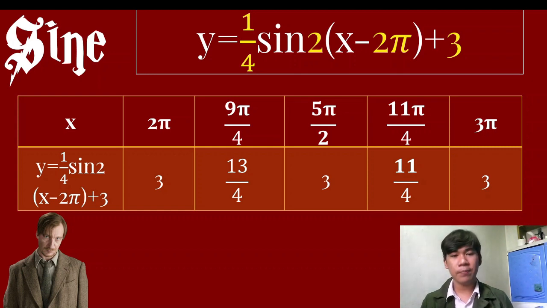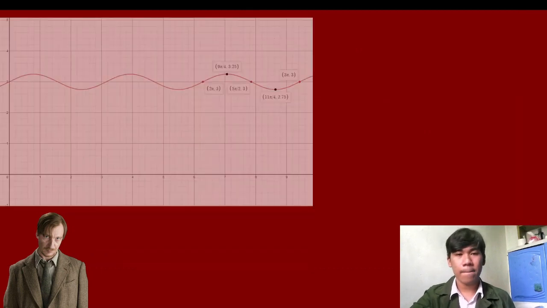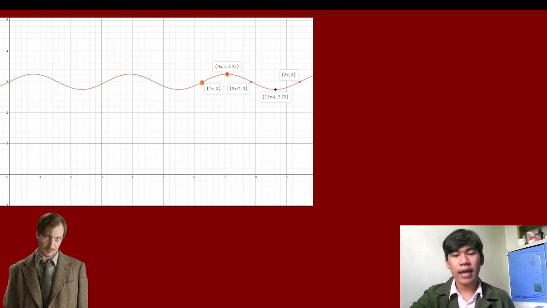For the y-intercept, the values are 3, 13 over 4, 3, 11 over 4, and 3. Now, let's examine the graph. As you can see, the fraction is transformed into its decimal form to precisely point the exact location.